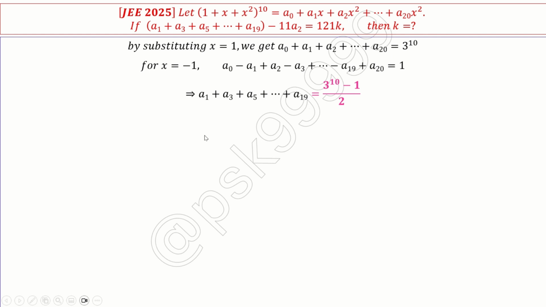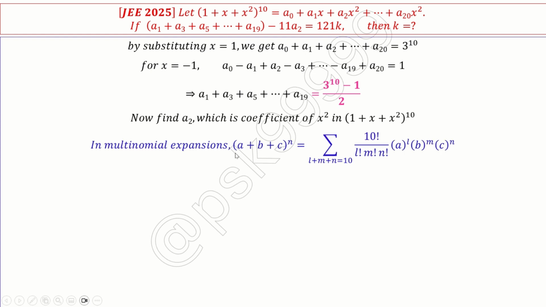Okay. Now this is a multinomial, so I have only one formula to solve multinomial, correct? Which is nothing but, if it is multinomial in a plus b plus c whole to the power of n, I will have sigma l plus m plus n equal to n, or in this case it is 10, 10 factorial by l factorial, m factorial, n factorial, a to the power of l, b to the power of m, and c to the power of n. Okay. So I need the x square term.